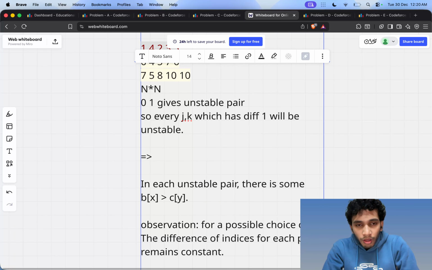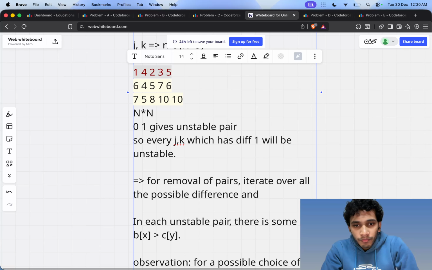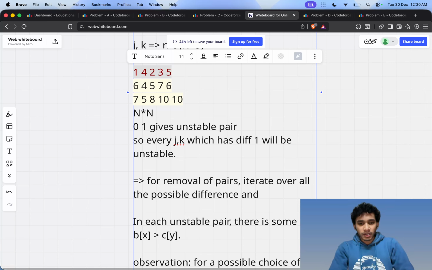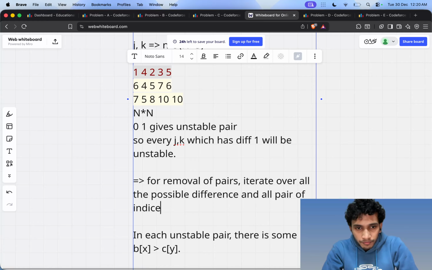For removal of pairs, iterate over all the possible differences and all numbers, or all pairs of indices, corresponding to that difference.